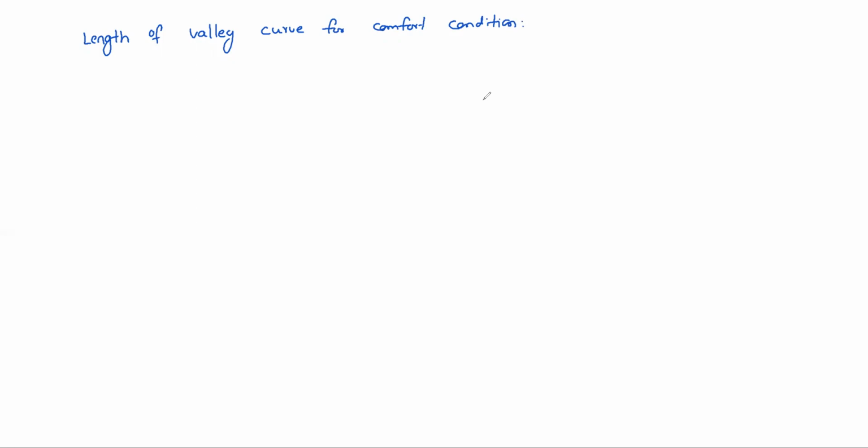Here basically one assumption is there, from the starting point of the curve to the ending point of the curve.